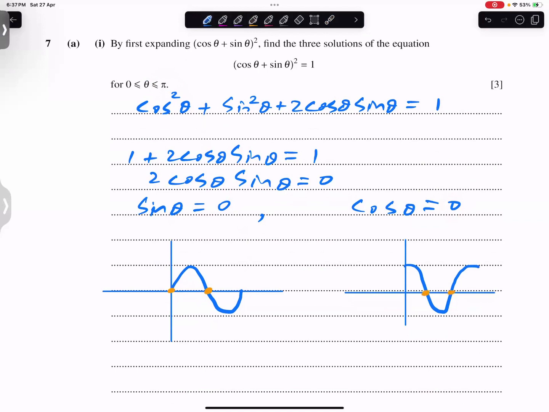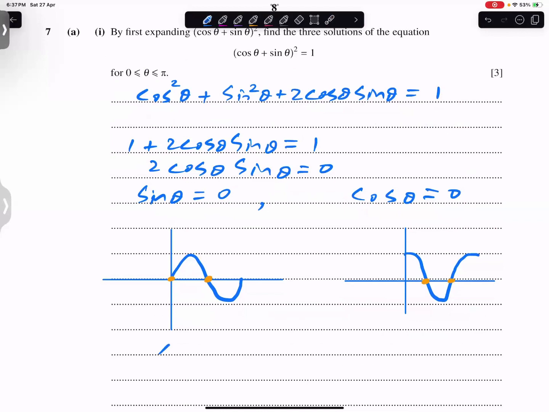As the domain is given in radian, so you have to give the answer also in radian. So 0, pi by 2, pi, and then 3 pi by 2, which is 270. So these are all the solutions at which cos and sine is 0.